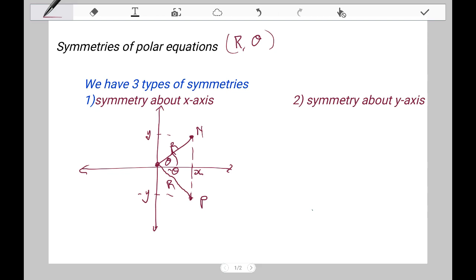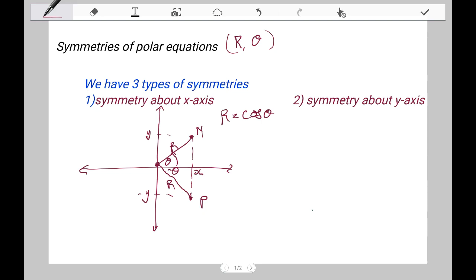If you are given any polar equation, how do you examine whether it is symmetric or not? Let's consider an example of a polar equation: r equals cos of angle theta. That's a polar equation because it's in the form of r and theta, which are the variables of our equation.